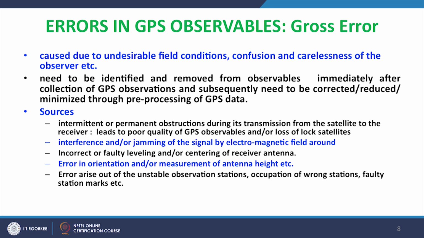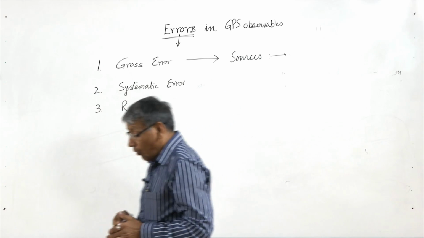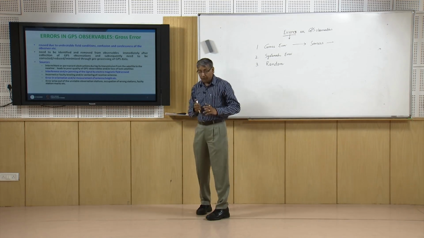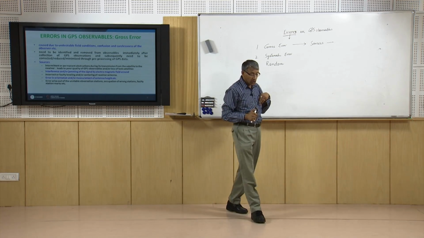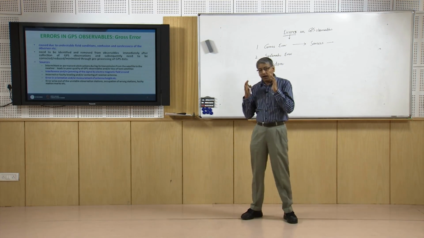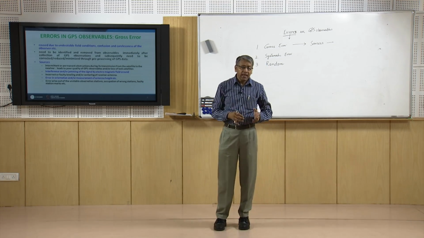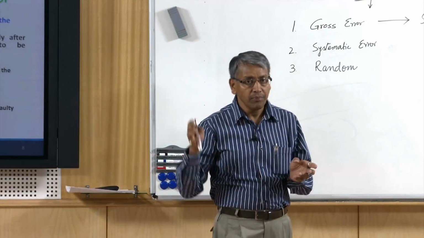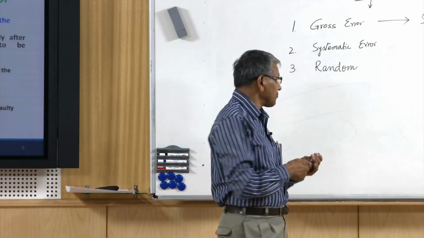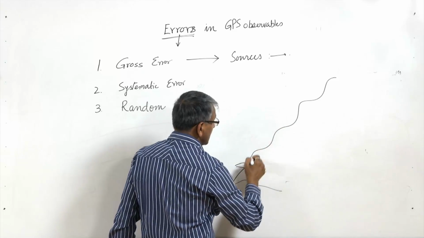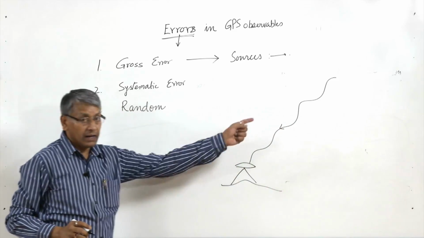Now, what are the sources of gross errors? The most important and widely prevalent gross error is due to the physical obstruction of the signal as it is received from the satellite, because many times our signal may not get a clear sky.